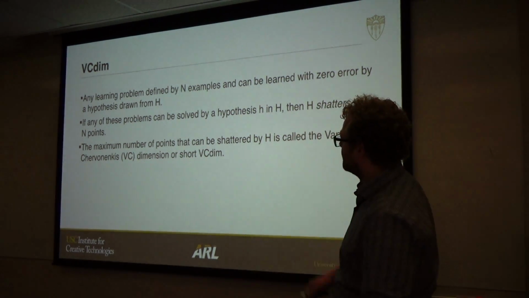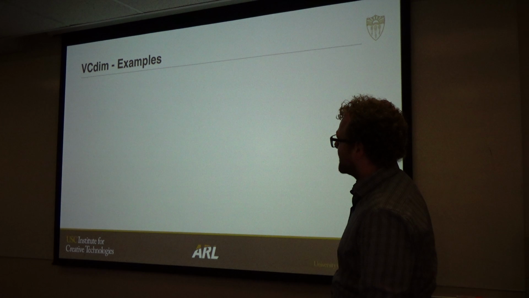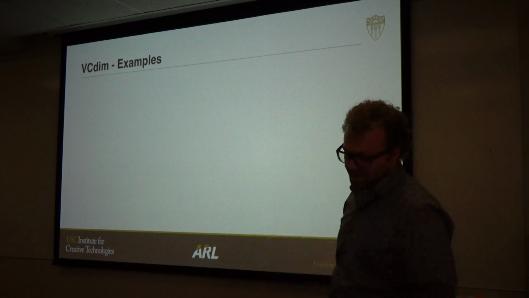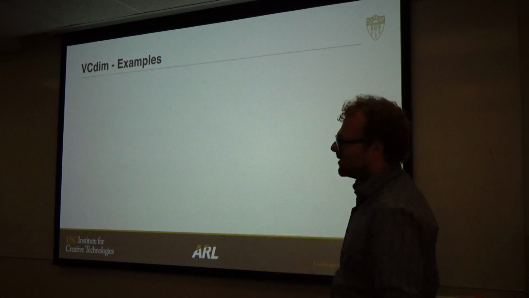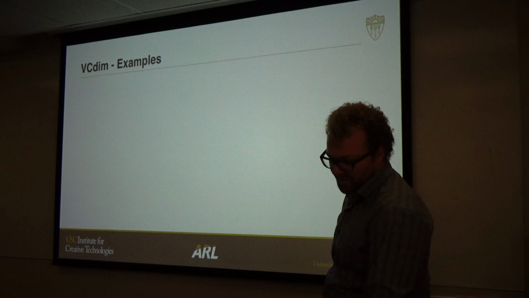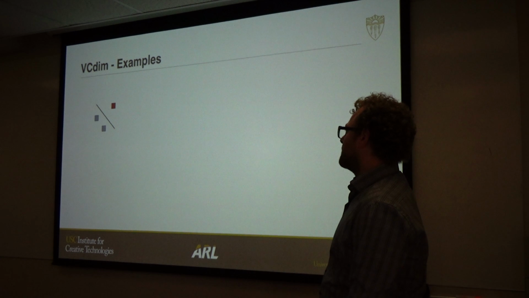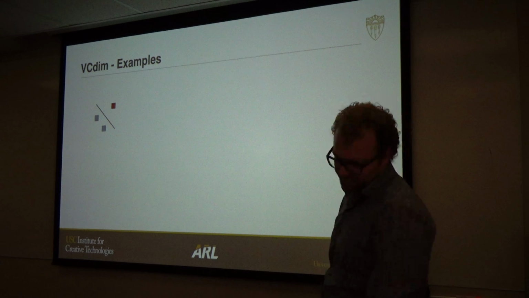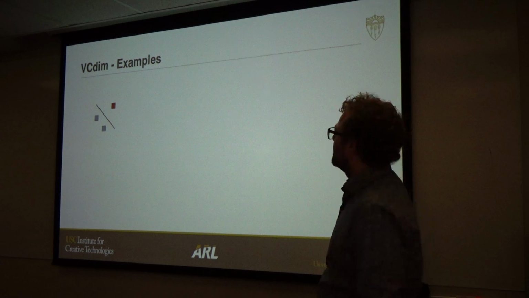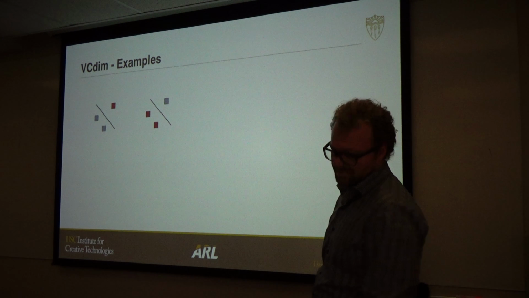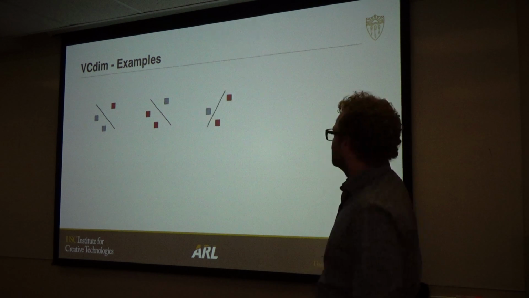Okay, so an example. I don't want to bother you too much with this because it's much clearer with an example. So we had the 3 points, right? I can separate these 3 points with a line like so, like so, like so.